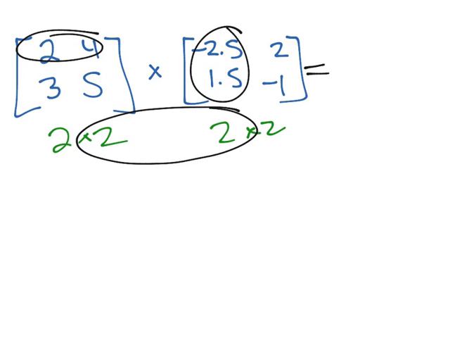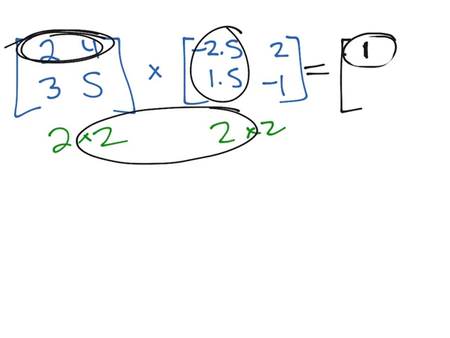Our first entry right here will be 2 times negative 2.5, that is equal to negative 5, I'm sorry. And then plus 4 times 1.5, that is equal to 6. And so here our first entry is 1. So we can replace negative 5 plus 6 with a 1.